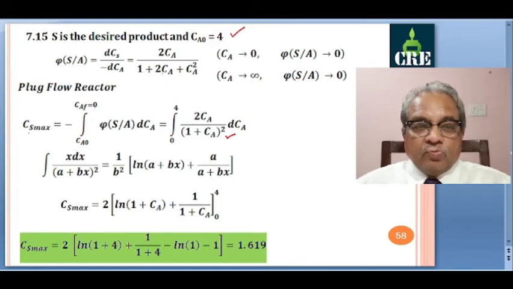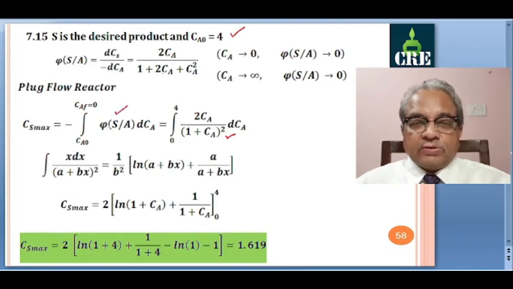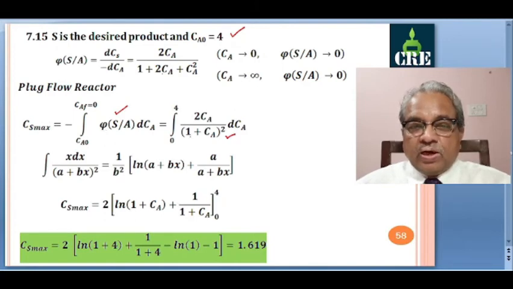Now in the plug flow reactor, we will write CS max. Earlier we have seen CR max; now this is for CS max. The only difference is you have to replace this yield in terms of S, so phi of S by A. This is 2CA by 1 plus CA whole squared.